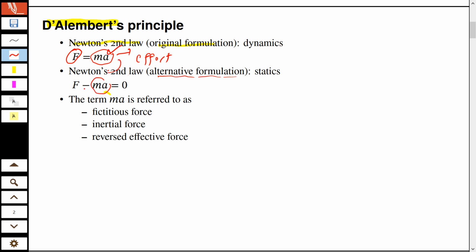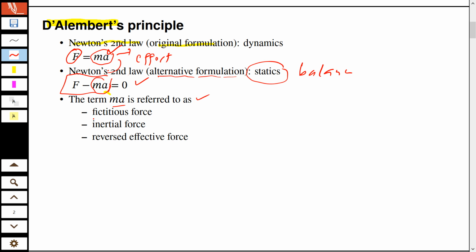If you bring this term to the left hand side, on the right hand side you have zero, and now when you have such an equation with a zero, you can see this as a statics problem, because you see the balance. So the term ma, he referred to as a force.